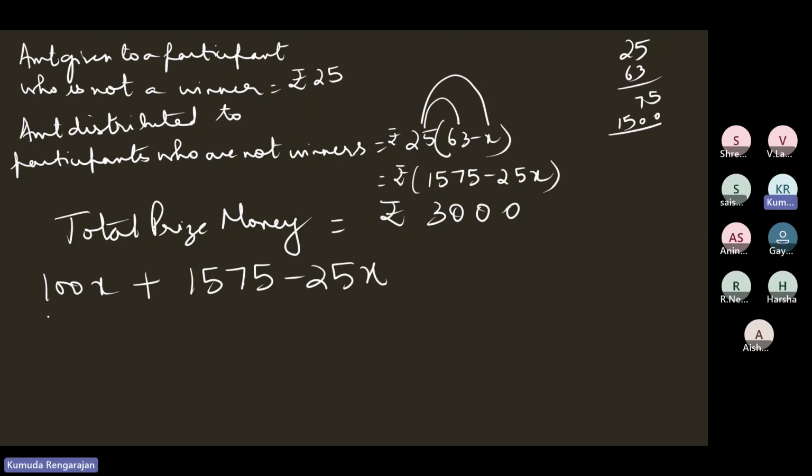The money put together, this one and this one put together, is 3,000. This is the equation. We need to solve this equation and find the value of X, and hence find the winners and non-winners. Yeah, complete this, children.